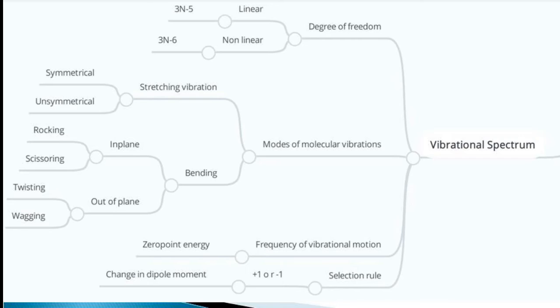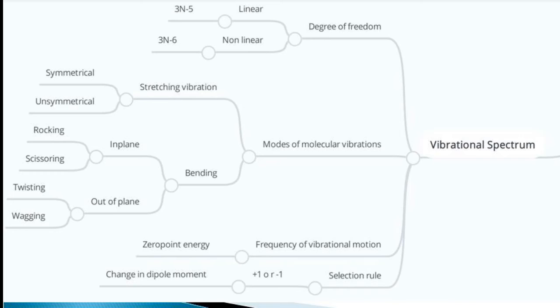In stretching vibrations, two types of vibrations are possible. Some of those are symmetric in nature, some are asymmetric in nature. How to differentiate symmetric and asymmetric vibrations? Similarly, in bending vibrations, two types of vibrations are possible.